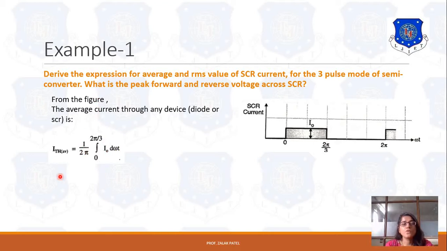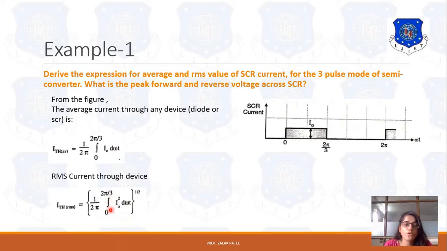Now if we integrate this term, there is no omega t term present, so the integration of 1 is omega t with limit from 0 to 2 pi by 3. It can be written as 1 upon 2 pi into I0 into 2 pi by 3. Then 2 pi and 2 pi cancel out, so the answer is I0 upon 3.